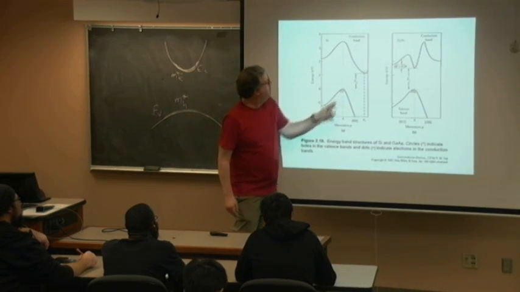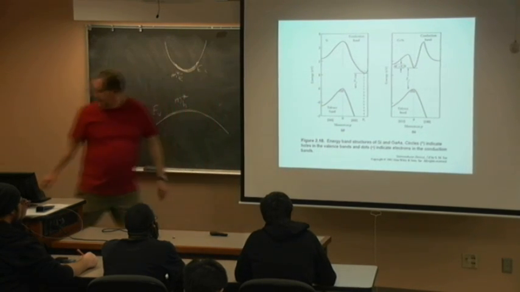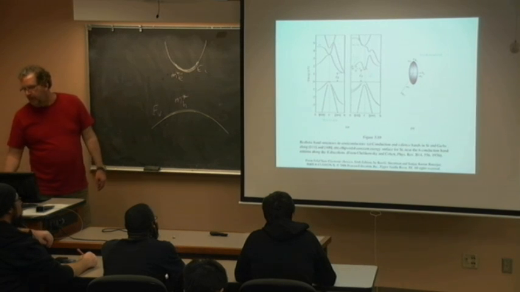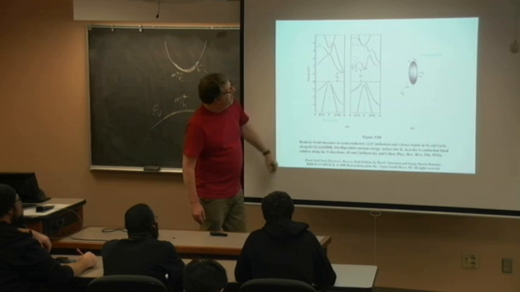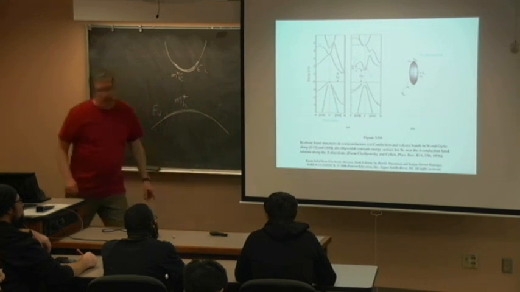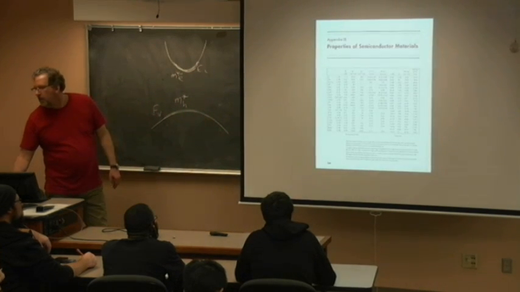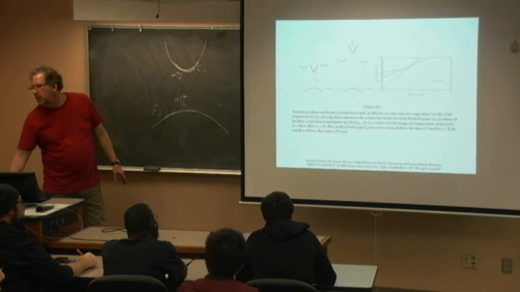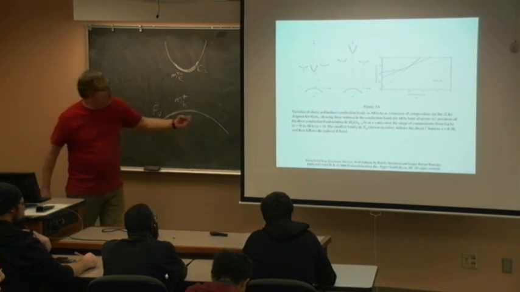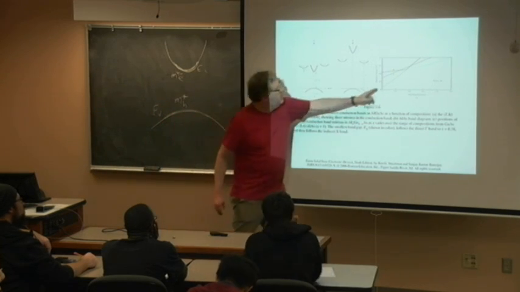These are a little bit more equal. Here's another. So you can even see if there's a heavy hole and a light hole band expressed. And so you can see all of them. Okay. So here you can see. So this determines when this particular material went indirect.